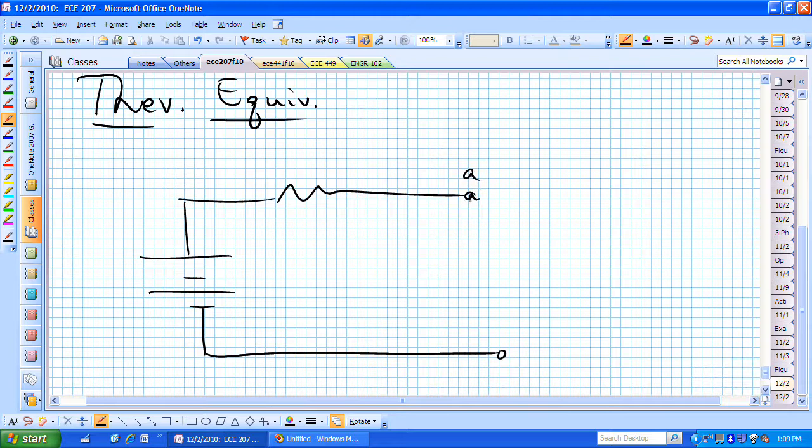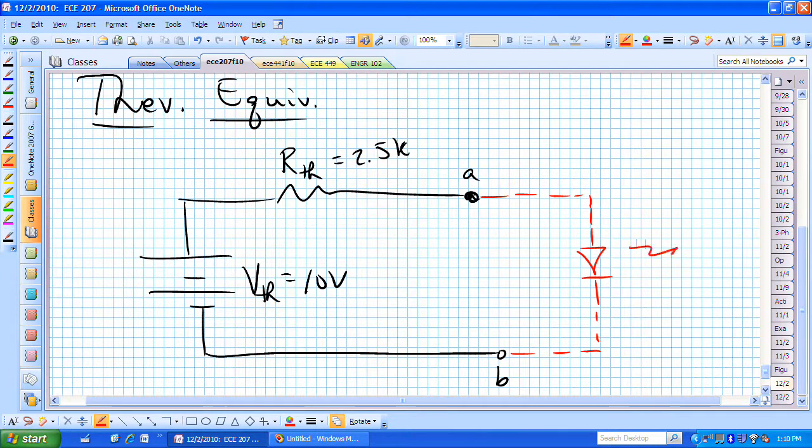Here are terminals A and B. Here's our R Thevenin, which was the 2.5K. Here was our V Thevenin, which was 10 volts, and that is now connected to this light emitting diode, and we're trying to find V and I for that circuit.